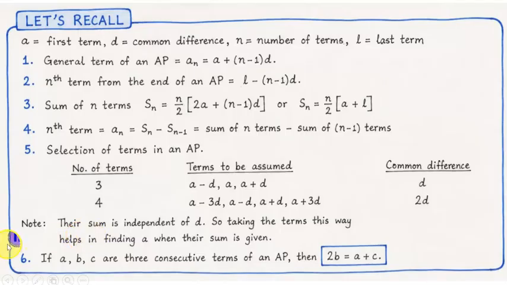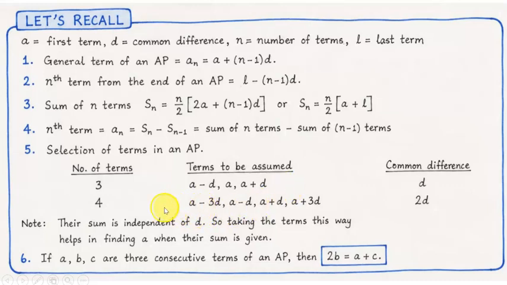Note that their sum is independent of d. So, taking the terms this way helps in finding a when their sum is given. It means that if we add all these terms, the d will get cancelled. a + a + a, then you will get 3a equal to the sum of all the terms.